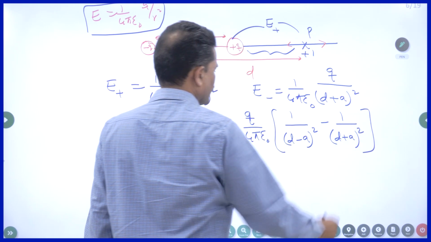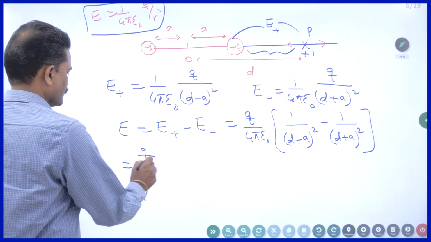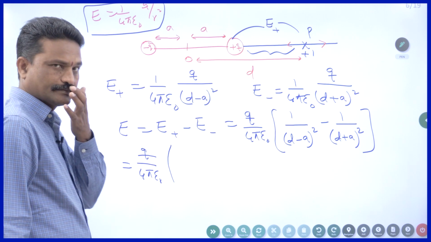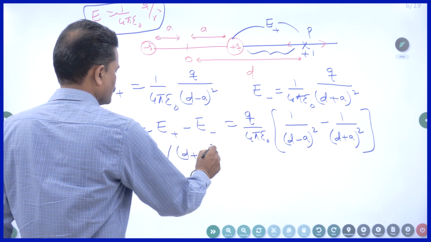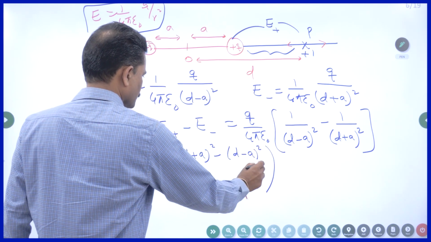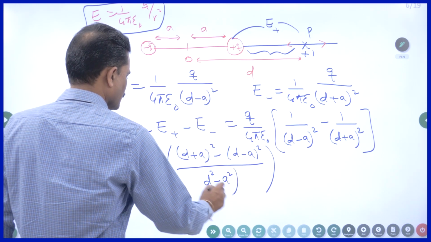If you know simple mathematics, you can do it. So this is equal to q by 4 pi epsilon naught times d plus a whole square minus d minus a whole square, divided by d square minus a square whole square.